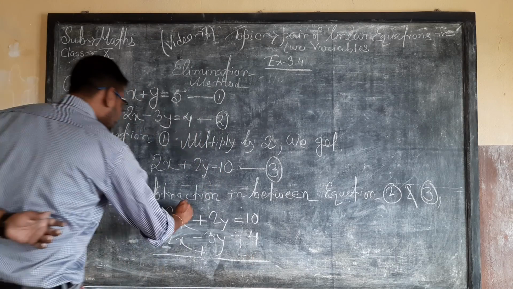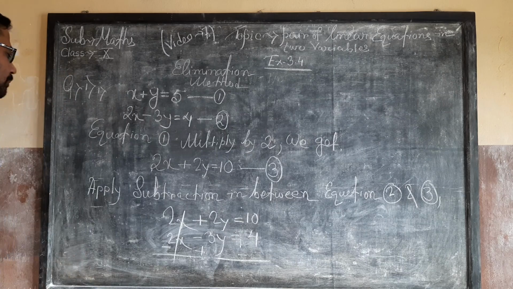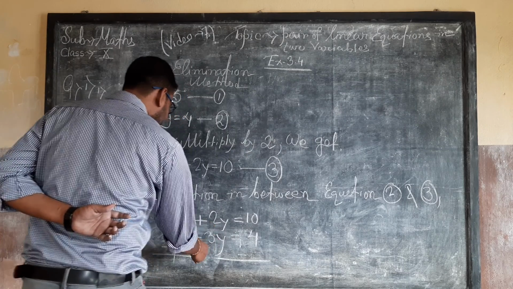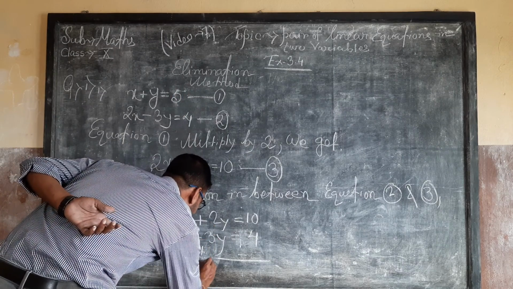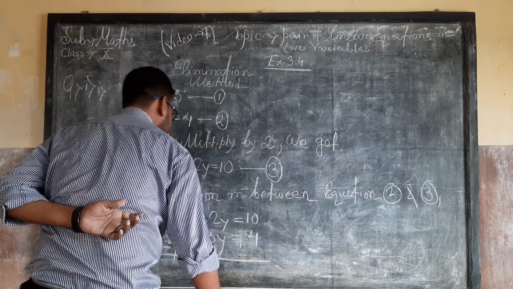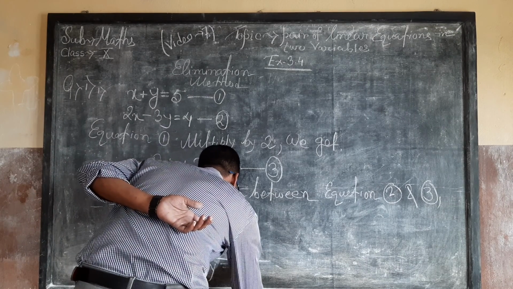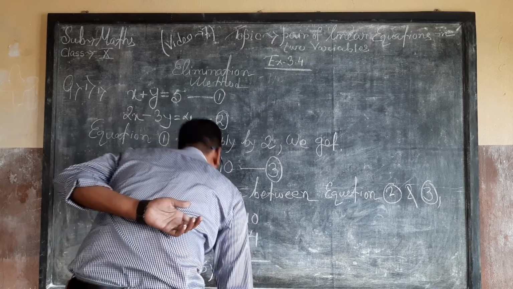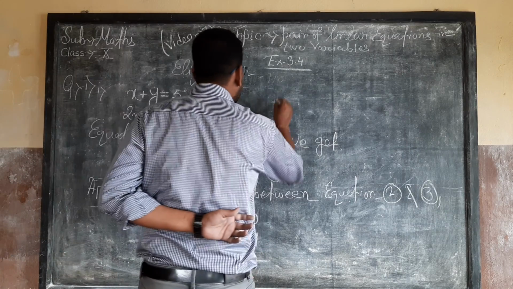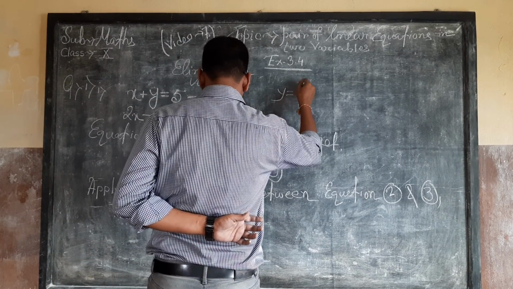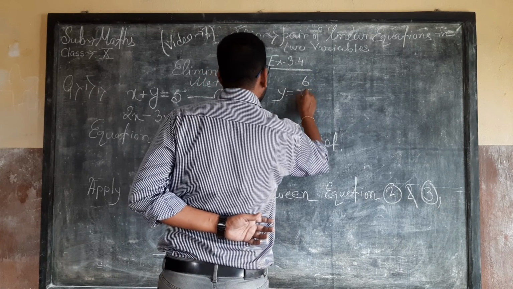This time the 2x term cancels, and we get 5y is equal to 6. So that means the value of y is equal to 6 by 5.